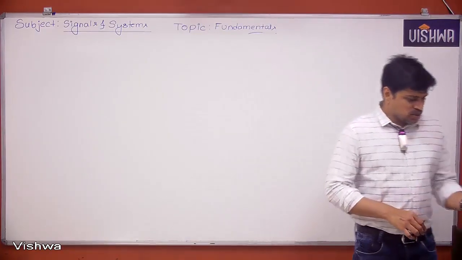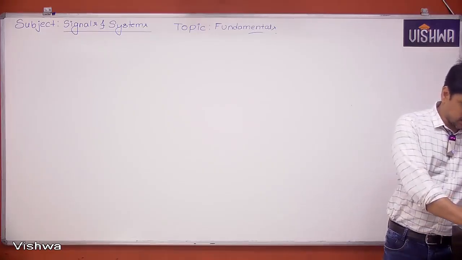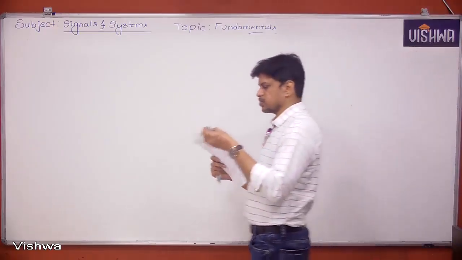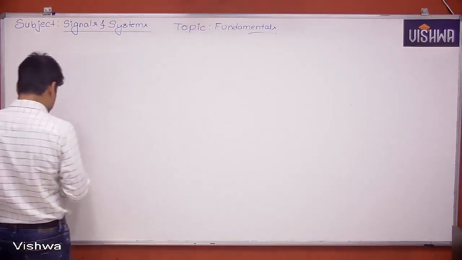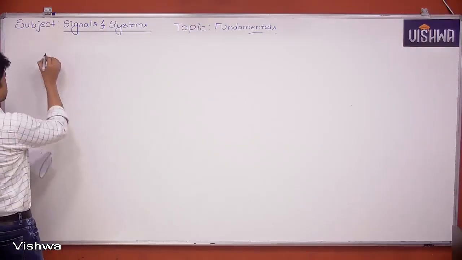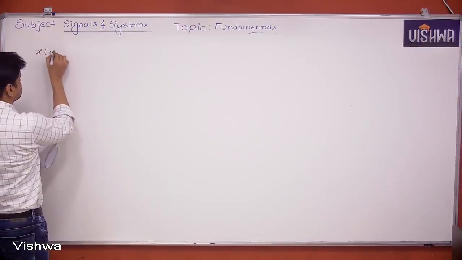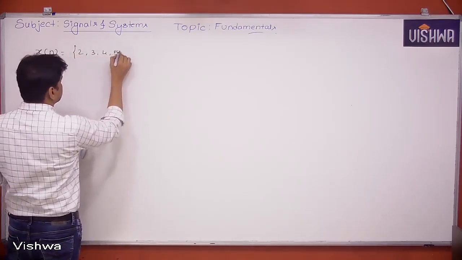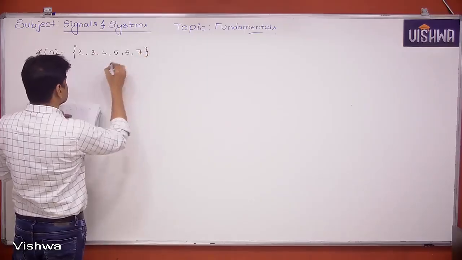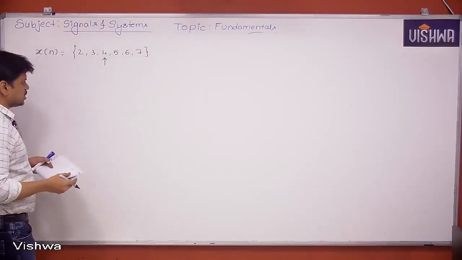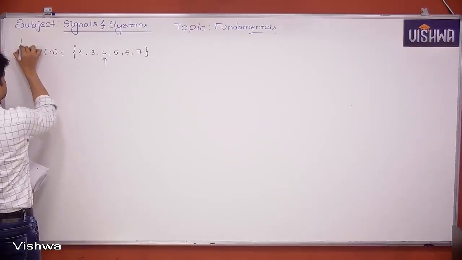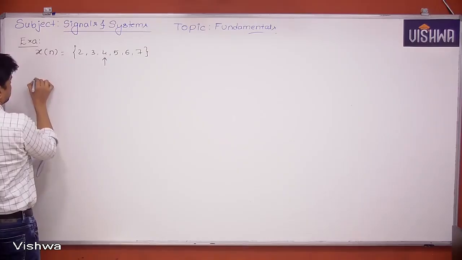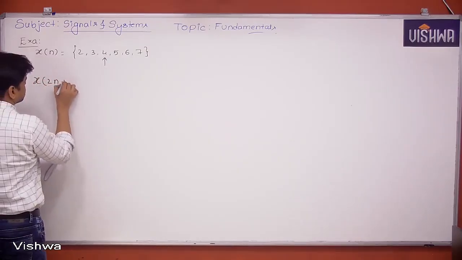Okay, so let's see one problem, and here I will make some statements based on this problem. Example: x of n is equal to 2, 3, 4, 5, 6, 7, where the arrow marks the origin. Suppose it is given that find x of 2n plus 1.